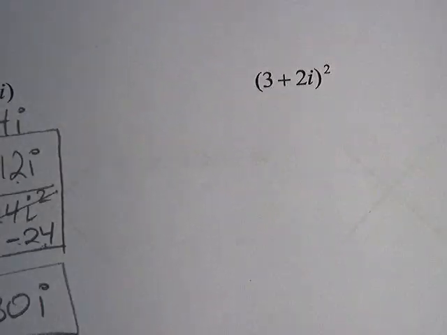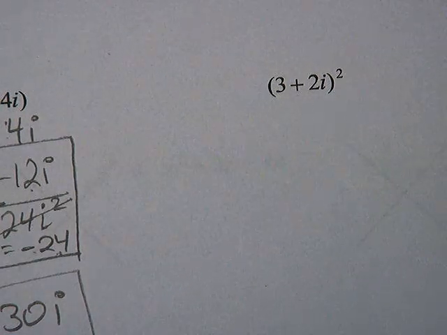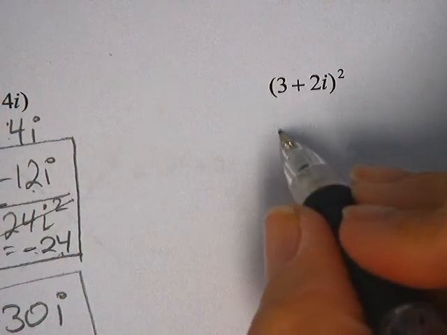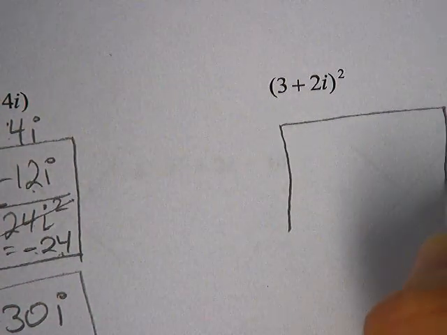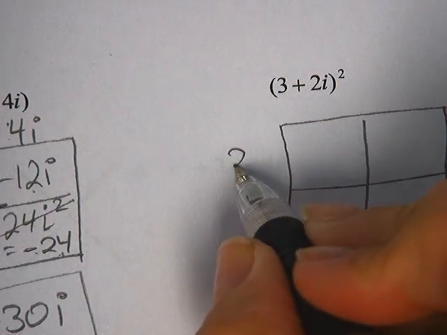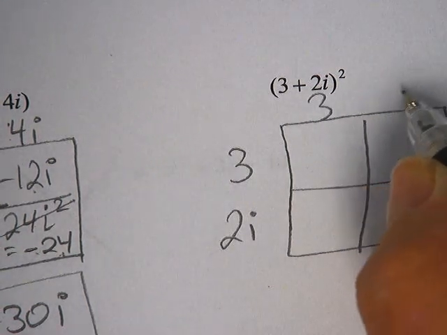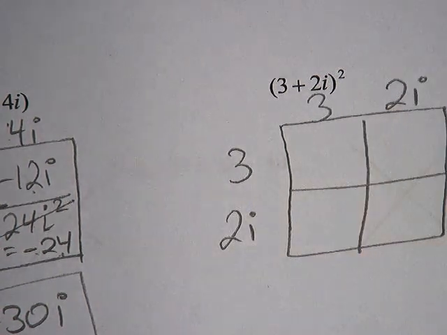Okay, our final one, (3 plus 2i) squared. So we need to do either our box or FOIL again. So I'm going to go ahead and do the box. So we've got 3 plus 2i multiplied by 3 plus 2i.